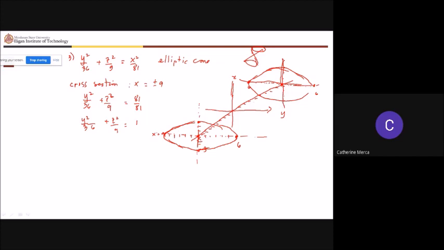And then you just simply draw this portion, and this one.